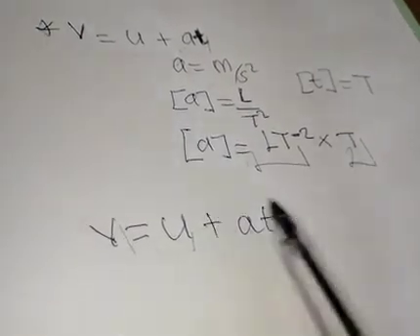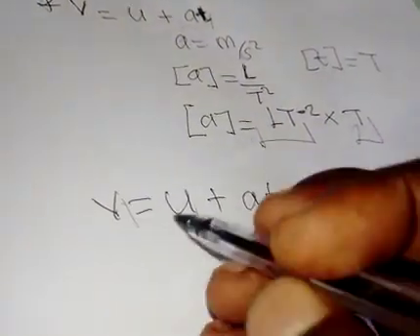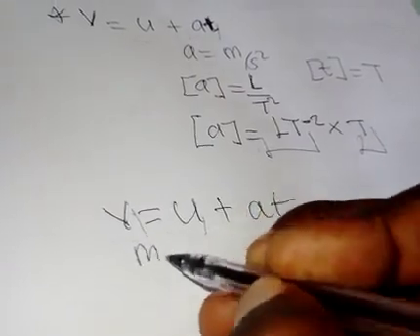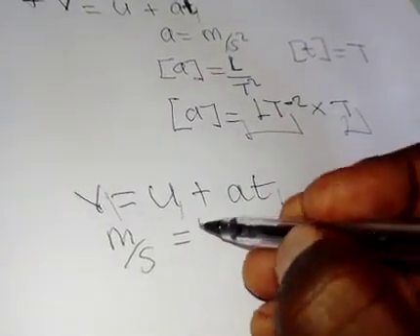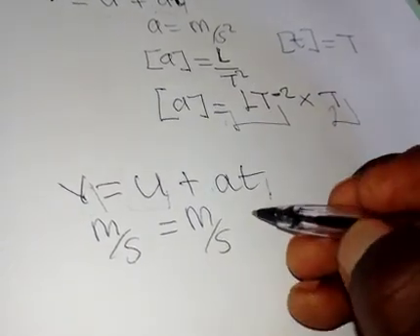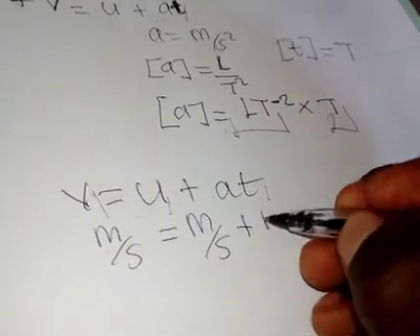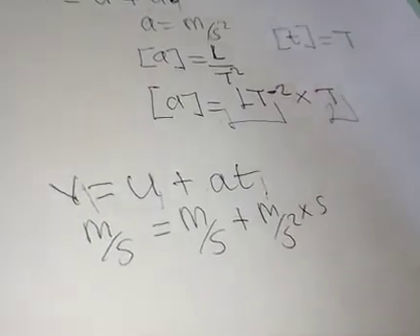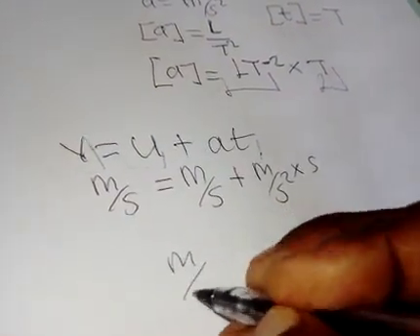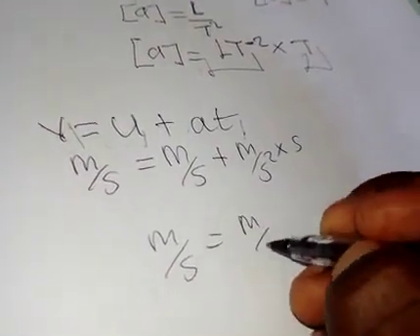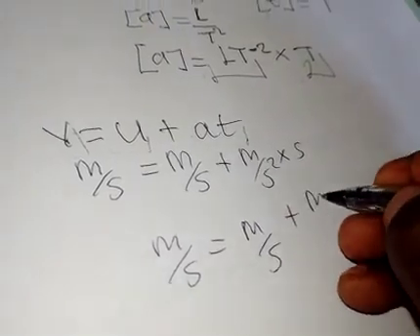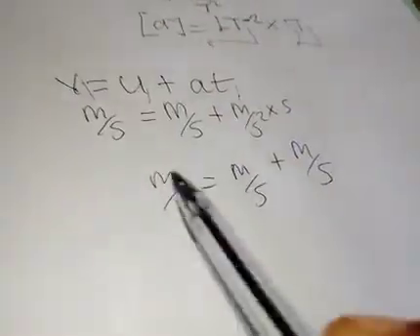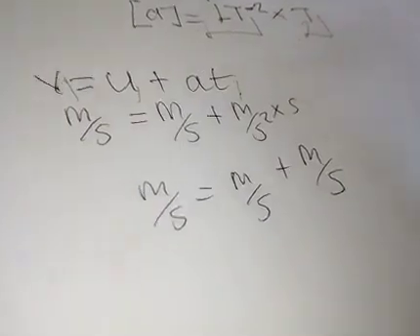On v, we said it's meters per second, right? U is meters per second, then plus acceleration, meter per second squared, multiplied by second. So meter per second equals meter per second plus meter per second.